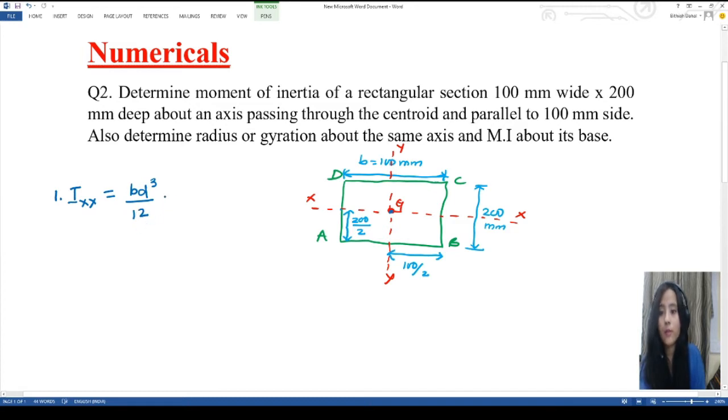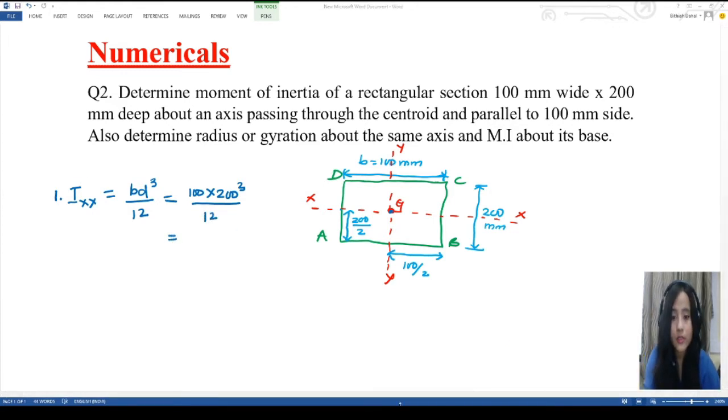So how much is my b here? My b here is 100. How much is the depth? The depth is 200 cube divided by 12. And now let's see how much it will be equal to. Let's calculate.